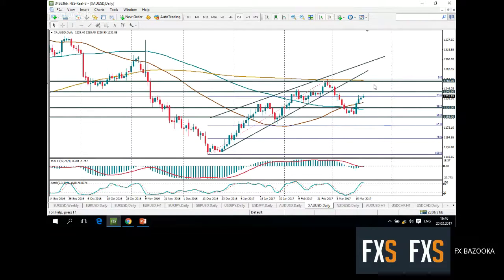Although we can see how the movement of gold is getting less rapid as political concerns in Europe are declining, and gold has become overbought. This may make the asset slow down its appreciation.